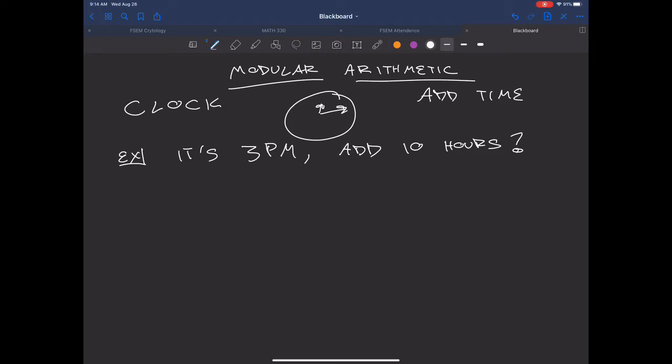Well, we can just use our basic math. 3 plus 10, well, that's going to give me 13 p.m., right? Well, of course not. That's not how we do time in this country. What we do is we then loop things back around, and it's actually going to be 1 a.m. All right, so we end up looping around once we get to 12.